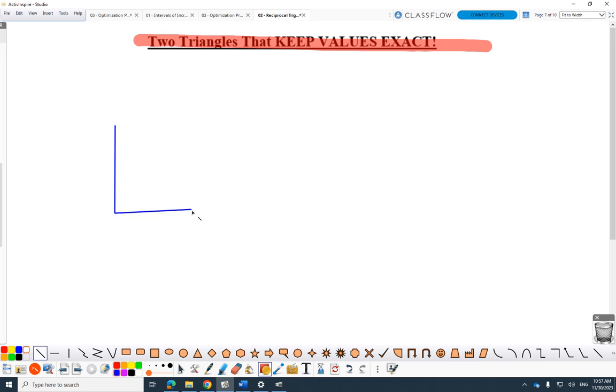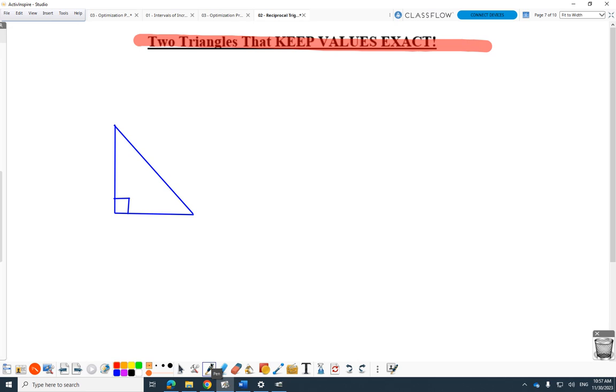Here they are, and my demonstration of where they might have come from. I'm not sure exactly where the development was, but let's pretend we back up 2,200 years or so to the time of Pythagoras, and we know about right angle triangles, and we know the Pythagorean theorem. That's all we know so far. And we're just sitting around one day, all of us, because that's what they had time to do, was sit around all day and think and go, what are the simplest triangles we could come up with?